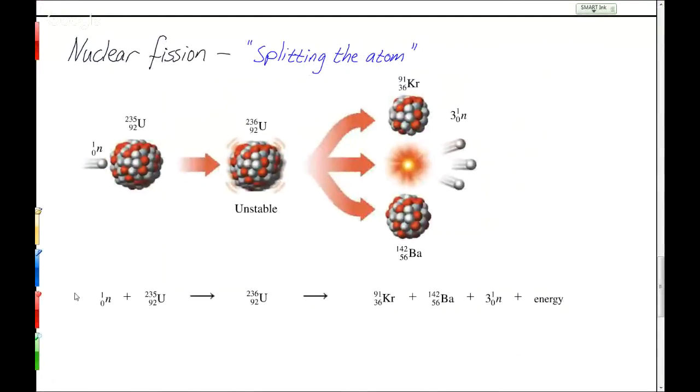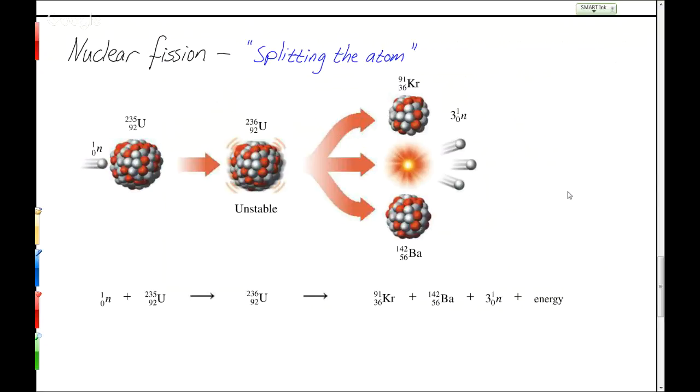Here's a picture and then also the equation down below of what happens in this process. You take uranium-235, which is a very specific isotope of uranium, and you shoot a neutron at it at high speed. And that creates this uranium-236, which is very unstable.